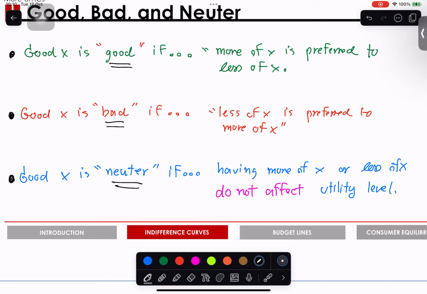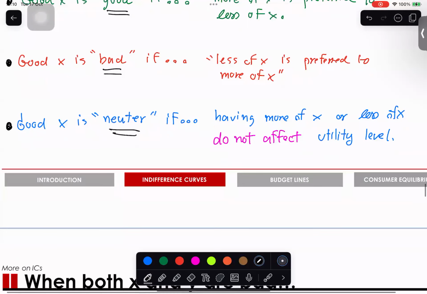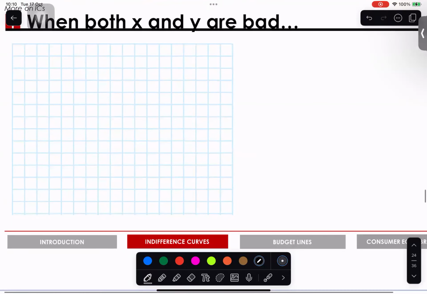Okay. Now, if X and Y are both bad, can you describe the shape of the indifference curve then?